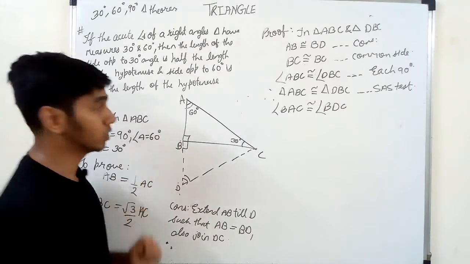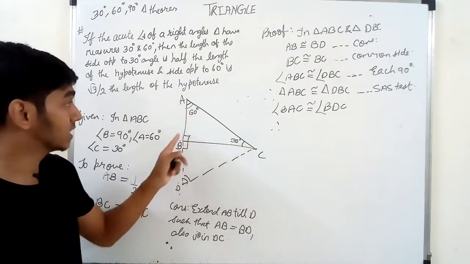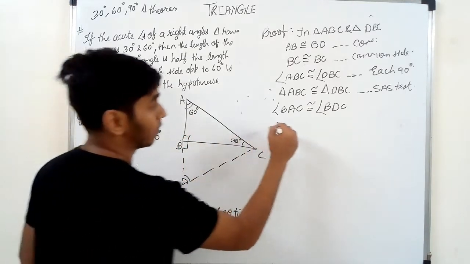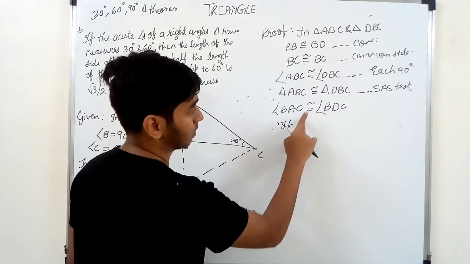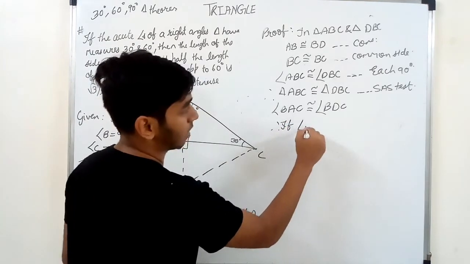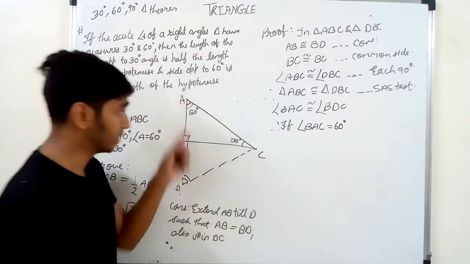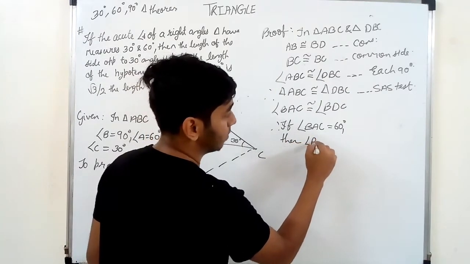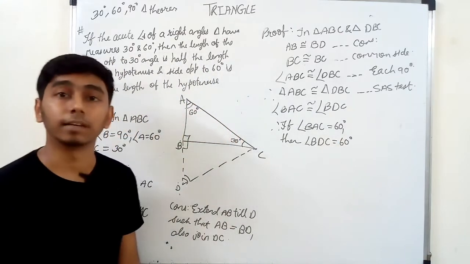So if BAC is 60 degrees, then won't BDC also be 60 degrees? Therefore, we'll say if angle BAC is 60 degrees, then angle BDC is also 60 degrees.